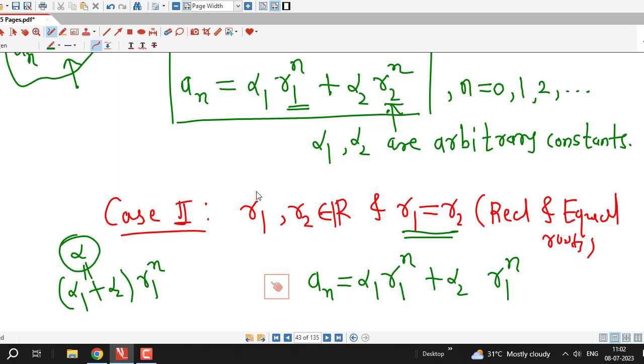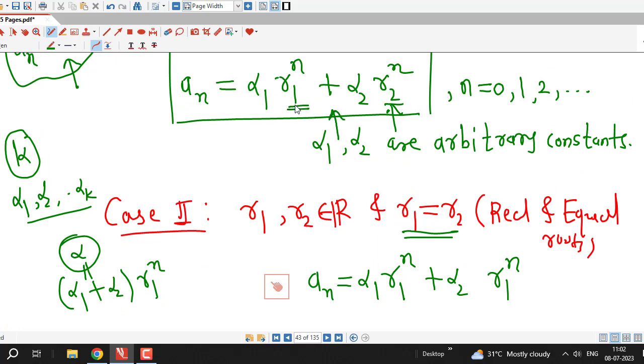And remember, if we have recurrence relation of degree 2, then in this solution we must have two arbitrary constants. Similarly, if we have recurrence relation of degree k, then we will have alpha 1, alpha 2 up to alpha k arbitrary constants in the solution. So we have to modify this formula.